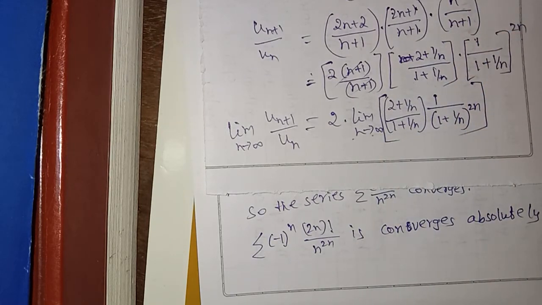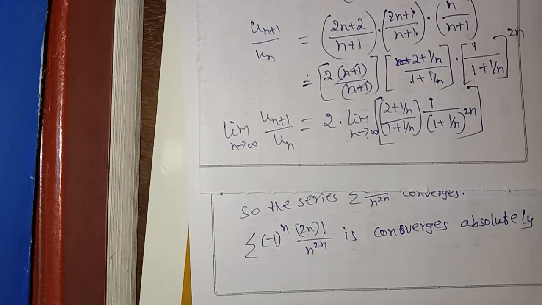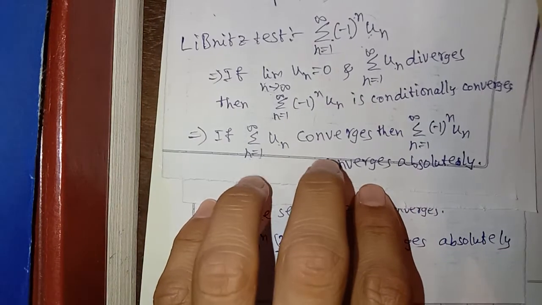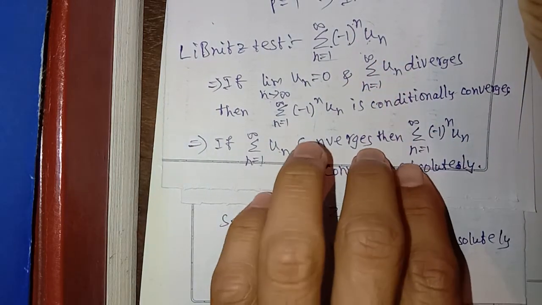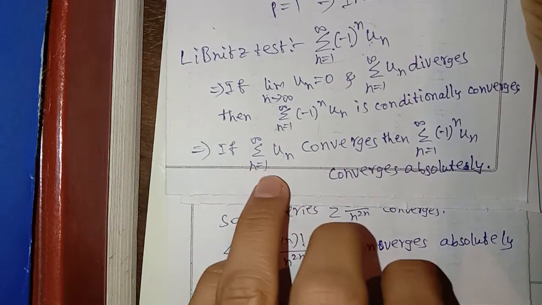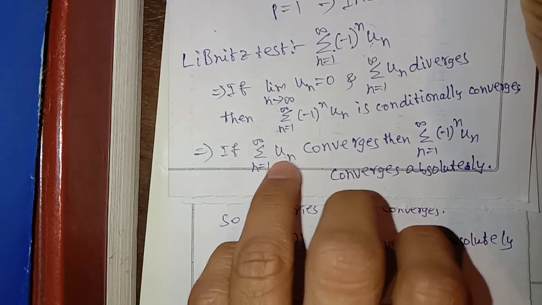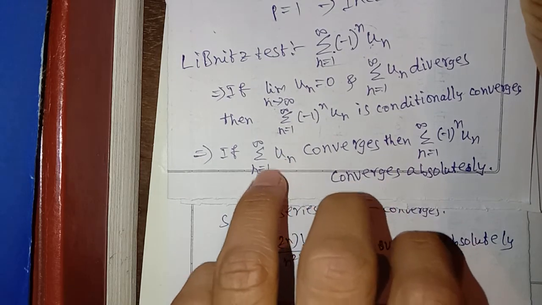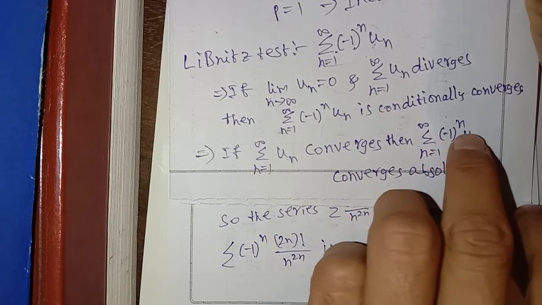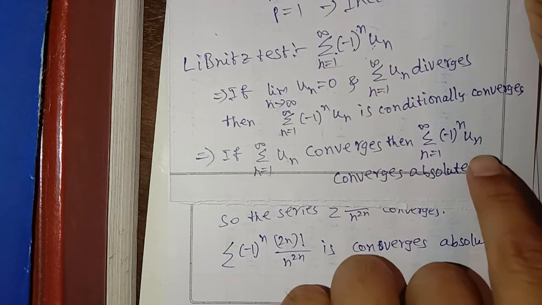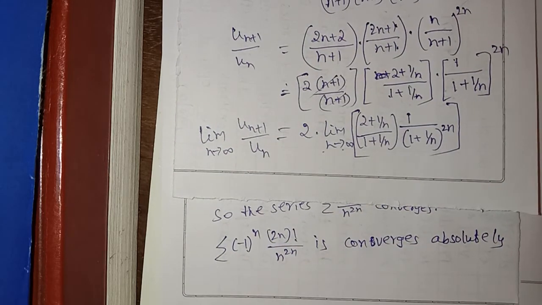What does the Leibniz test say? It says that if the series sum of u(n) from n equal to 1 to infinity converges, then the alternating series sum of (-1)^n u(n) from n equal to 1 to infinity converges absolutely.